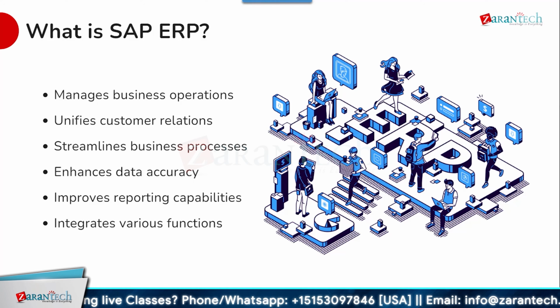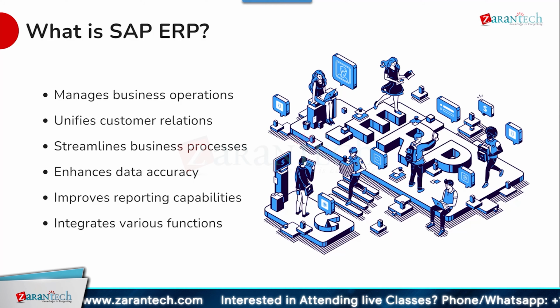By consolidating data from various sources into a single system, it eliminates errors and inconsistencies, ensuring your data is always reliable. And this accurate data also improves your reporting capabilities, providing insightful and precise reports that help you make informed business decisions.